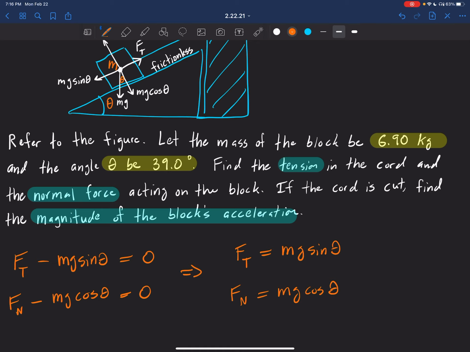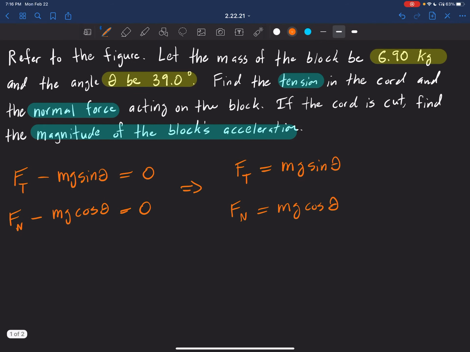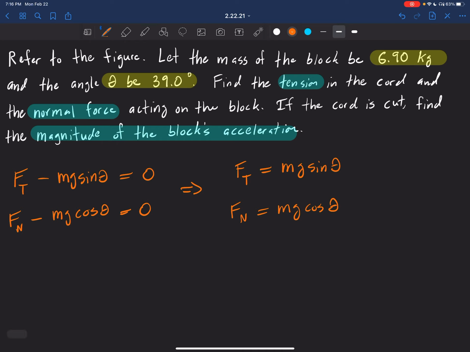And now we're just going to solve for the tension and the normal force. We are told the mass and the angle, so we can write this down and solve. Tension is the mass, 6.9 kilograms, times acceleration, just g, 9.8 meters per second squared, and then sine of 39 degrees.